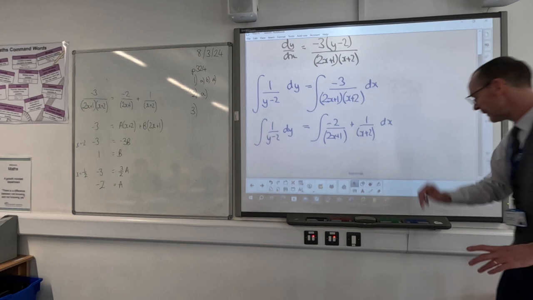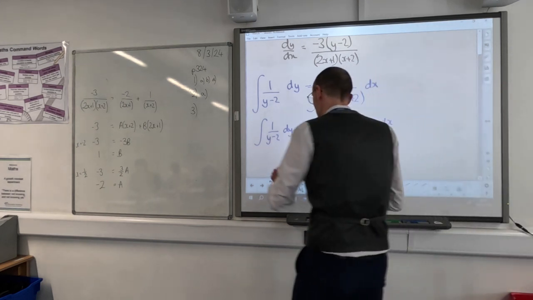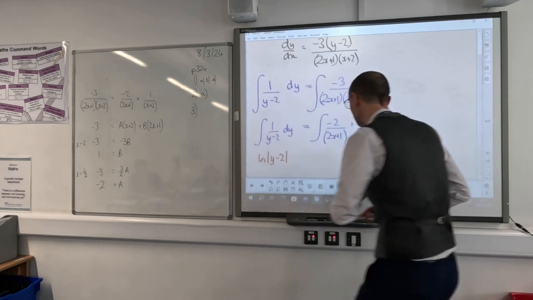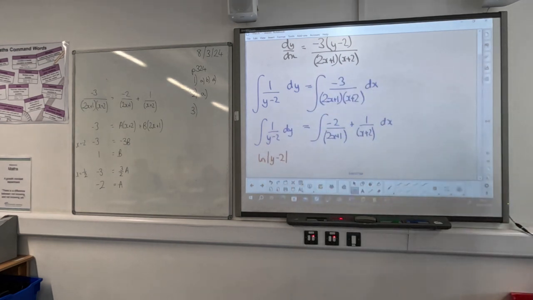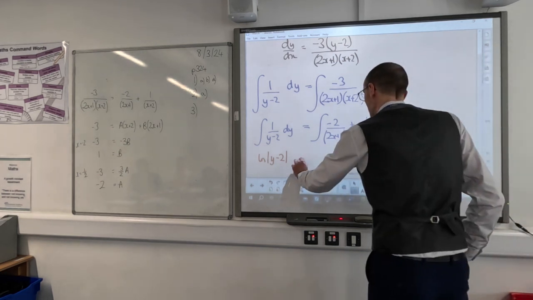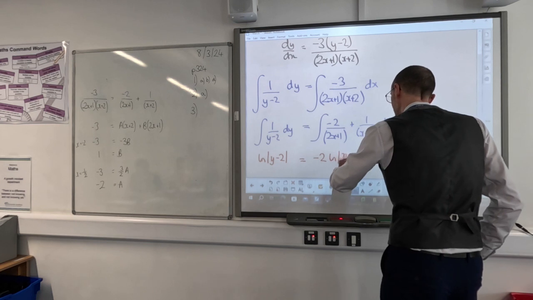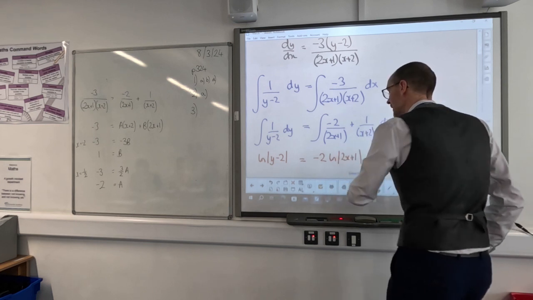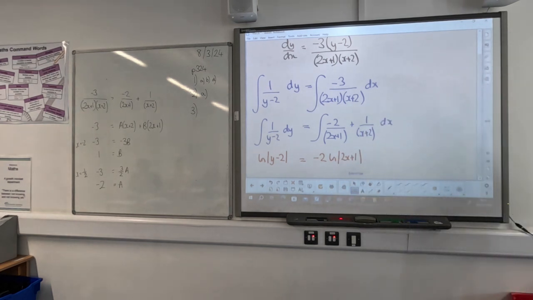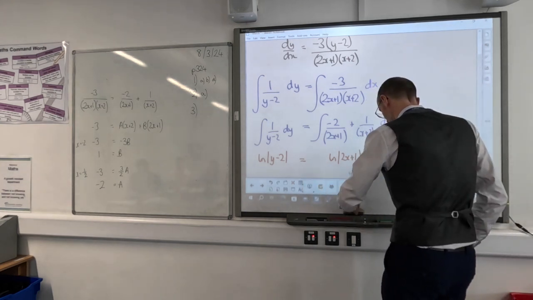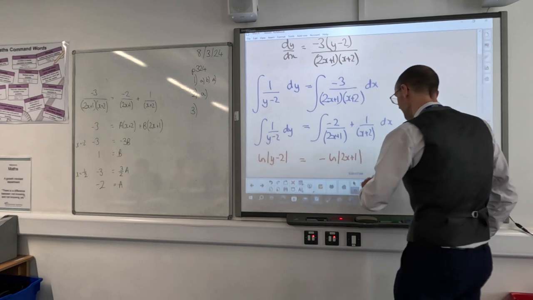So this becomes, and please watch closely because I'm very likely to make a mistake here with all this lning going on, that becomes that. This becomes -2 ln of 2x plus 1 divided by what you get when you differentiate the bracket, which is 2, so that just gives me -1 lot of that.